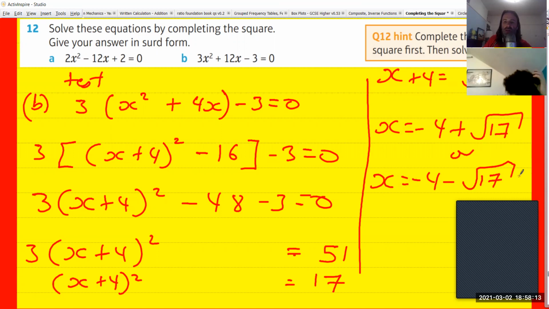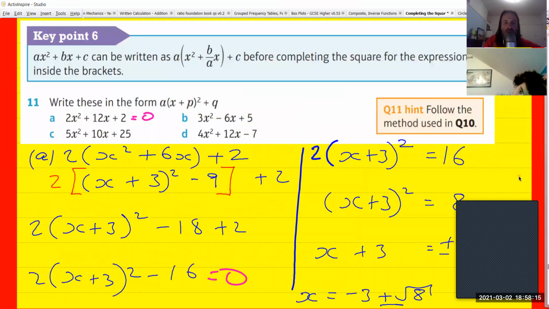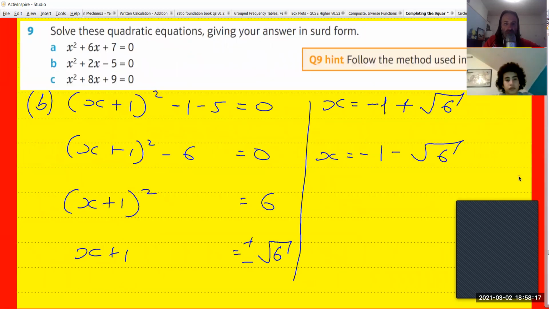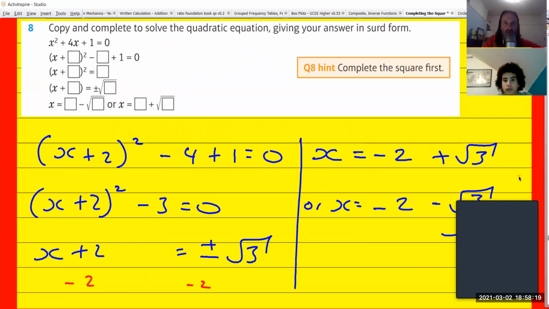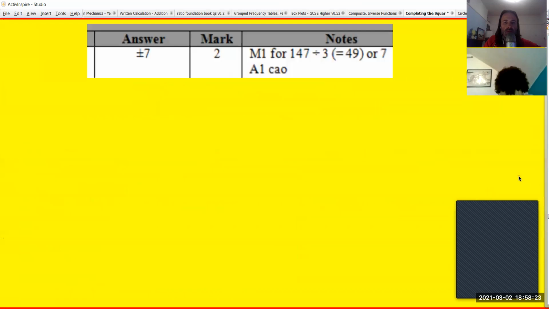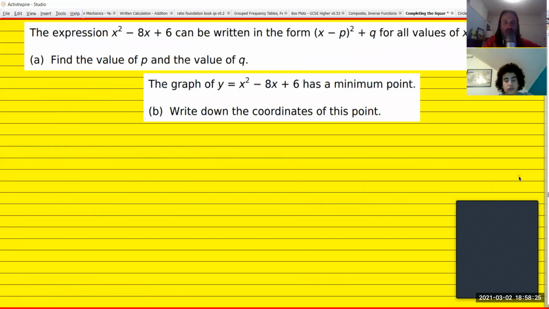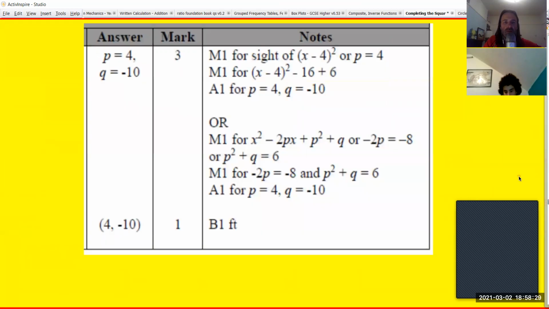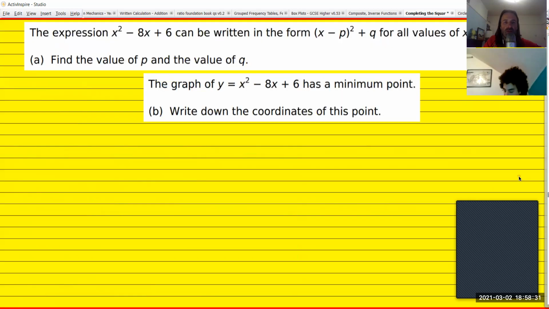Well done. And let me just do one more little thing. I just want a normal one that doesn't have a square root. If I can find it. This one was x minus 4 squared minus 10. Yes, coordinates of the minimum.